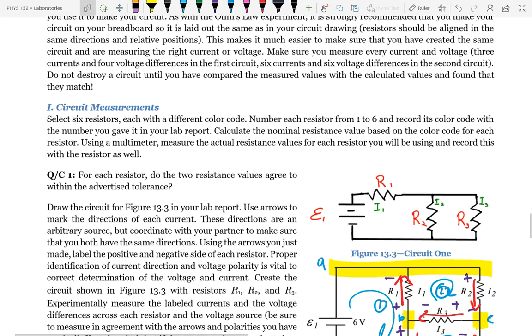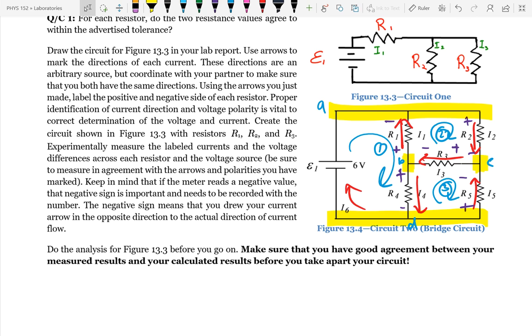Now, to remind us, you all made current and voltage measurements last week. But when you make a current measurement, what do you have to do? First thing to make a current measurement is to break the circuit.